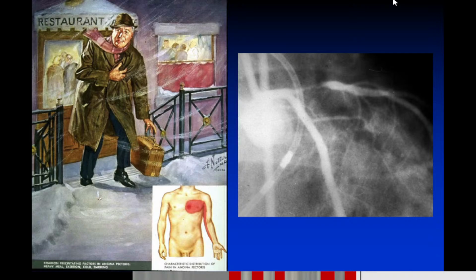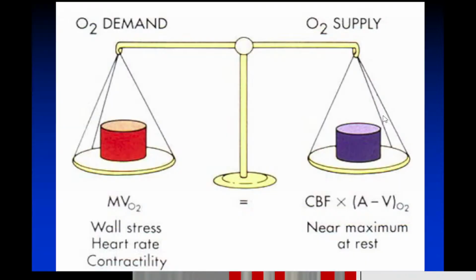Well, and when they performed coronary angiography, you see here the very significant stenosis of the left anterior descending branch of the left coronary artery, and everything is clear now. So, what is the problem?